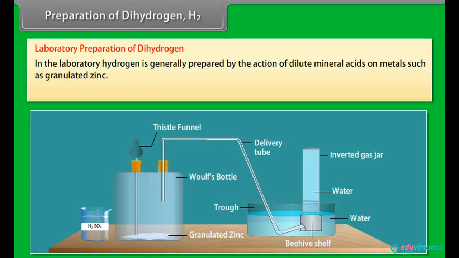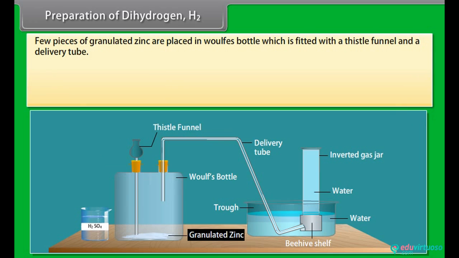Preparation of dihydrogen, H2. Laboratory preparation of dihydrogen. In the laboratory, hydrogen is generally prepared by the action of dilute mineral acids on metals such as granulated zinc. A few pieces of granulated zinc are placed in Woulfe's bottle, which is fitted with a thistle funnel and a delivery tube.